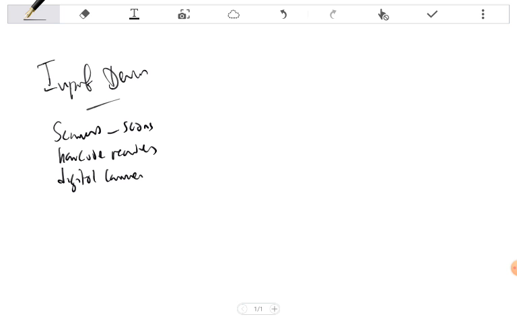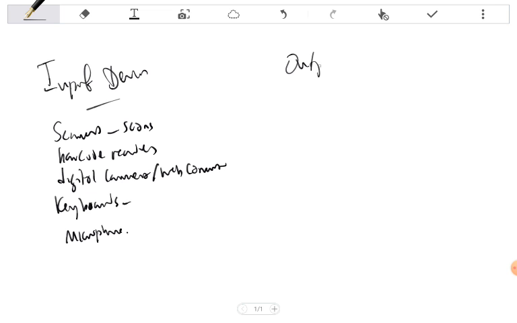Sometimes your webcam on your system is also a type of digital camera. It also comes under this. It takes visual signal from you and transmits it to the destination. Then we also have keyboard that helps to collect characters. And then you have microphone, like I said earlier on. So these are input devices.